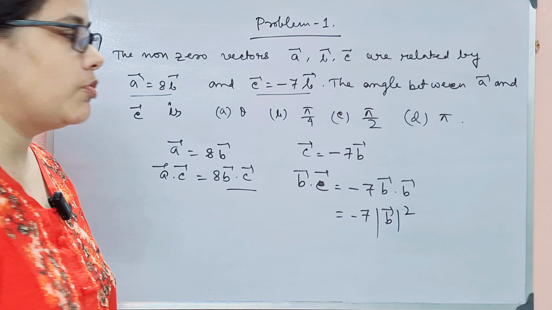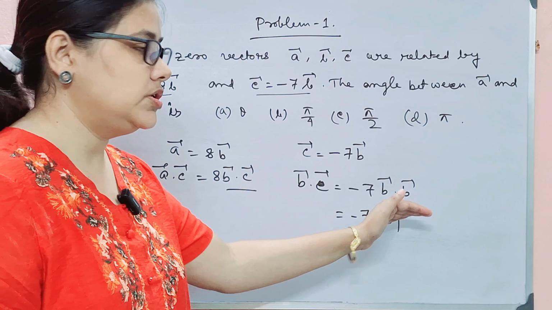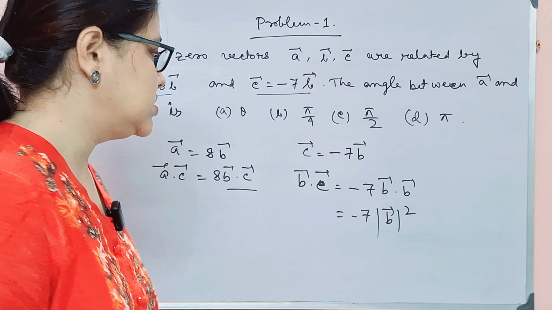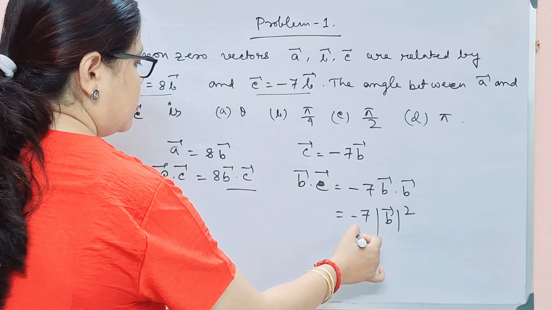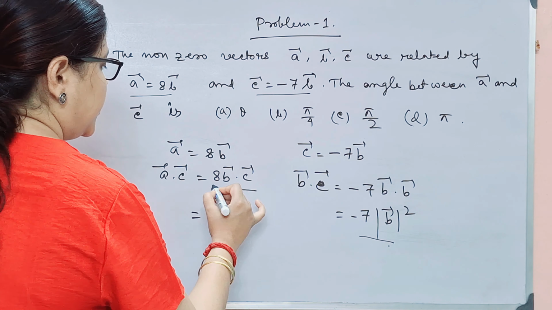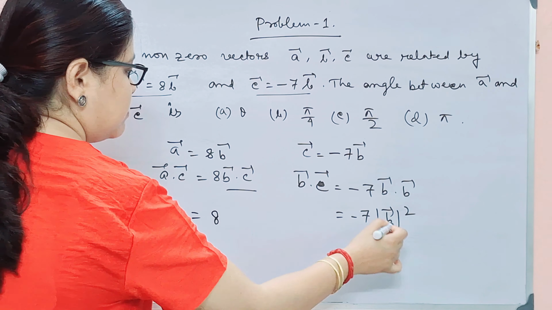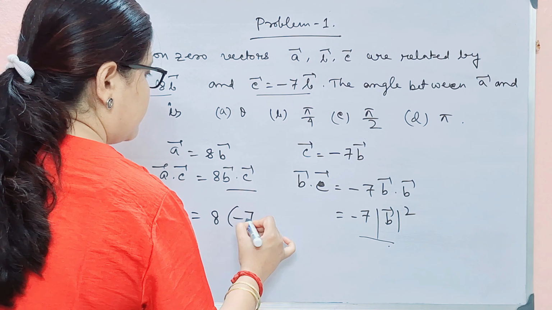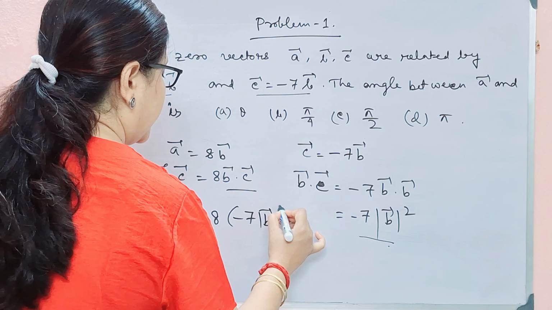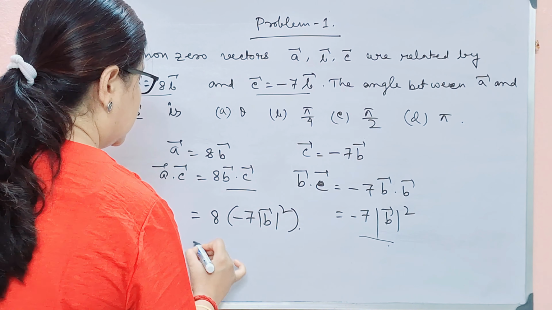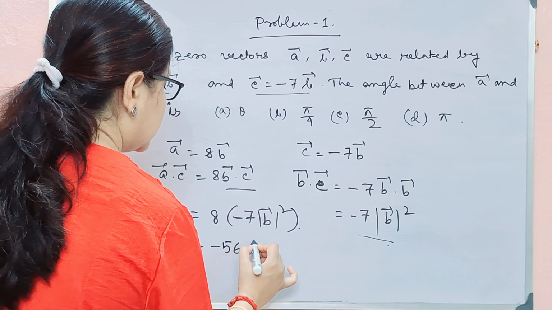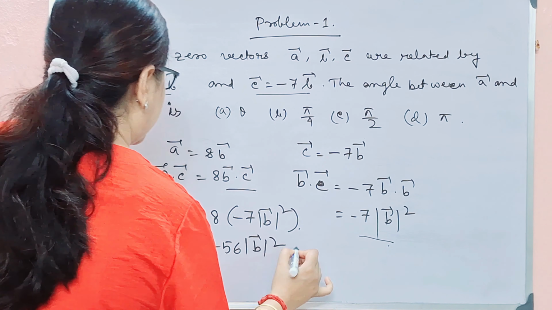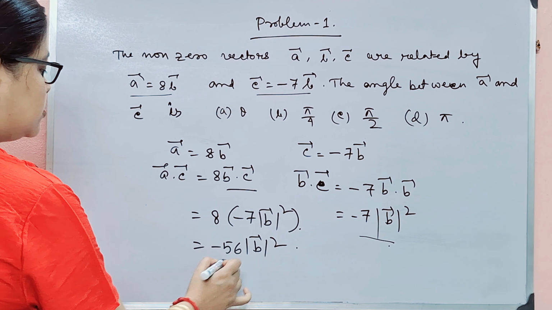B dot B means mod B into cos 0, cos 0 means 1. So here I can put this value, so 8 B dot C means minus 7 mod B square. So this will be minus 56 mod B square. So A dot C equals this.